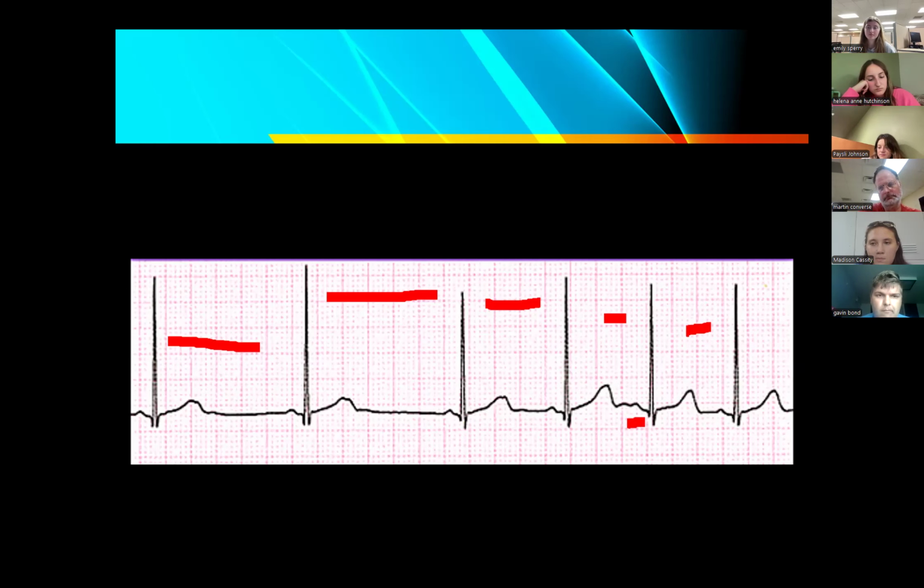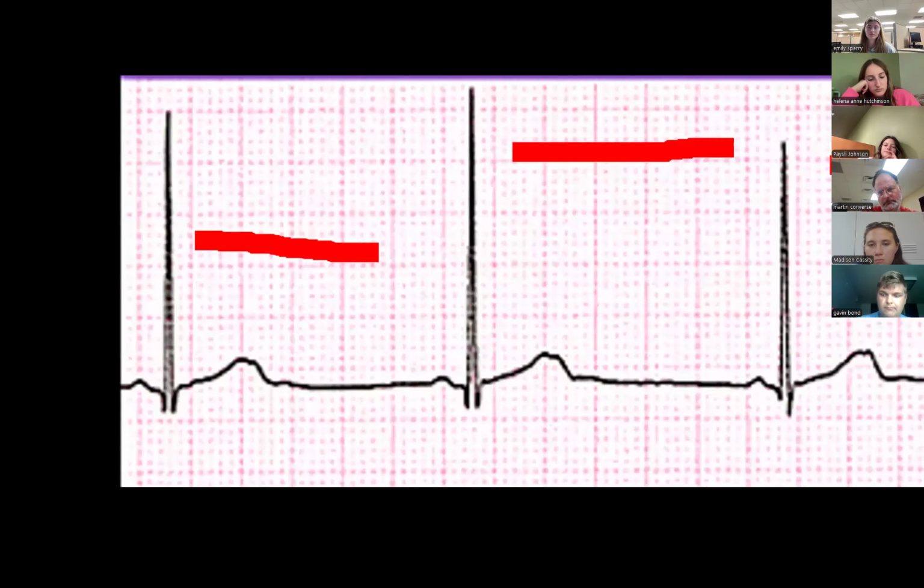But I will do my best, especially because we're early on, to keep things straightforward, and I'll try not to put anything like this one on here. But I will tell you that that P wave is the same as all the others. Okay. Now, Gavin, if we look in here, normal PR interval or abnormal?